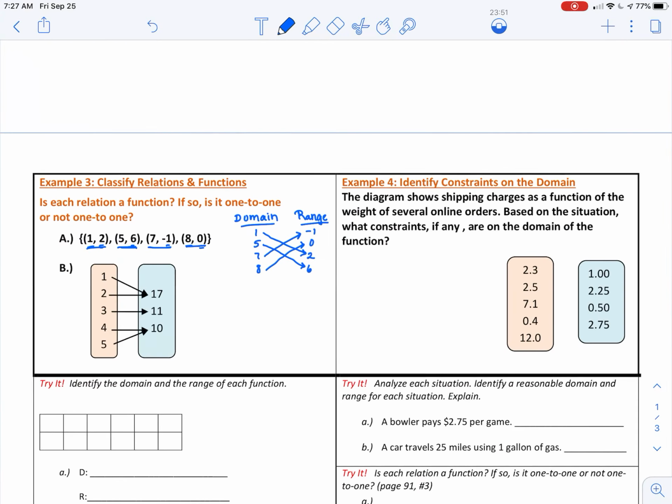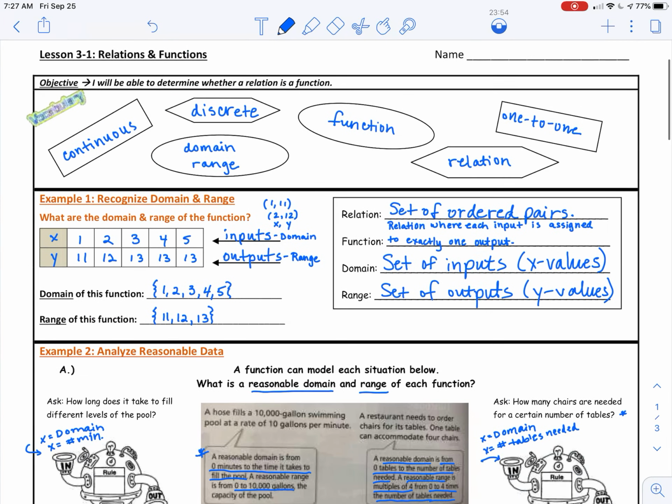Okay, now let's go back to the definition of a function, which we wrote about in the very first example. A function is a relation where each input is assigned to exactly one output. So let's look at this. Each input, which is all of this, is assigned to exactly one output. Is that the case here? Yes, it is. So A is, in fact, a function. So let's write yes, it is a function.